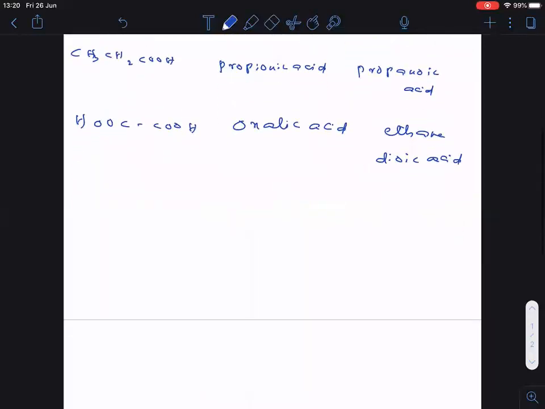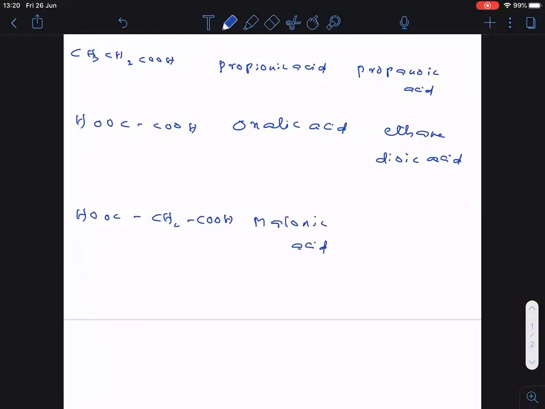Clear? Now, let me take one more dicarboxylic acid, COOH CH2 COOH. This is malonic acid, its common name.